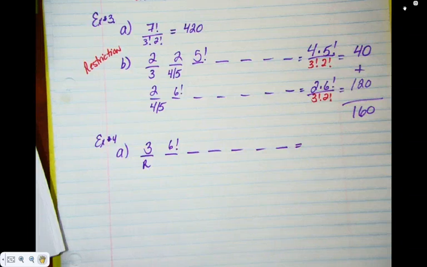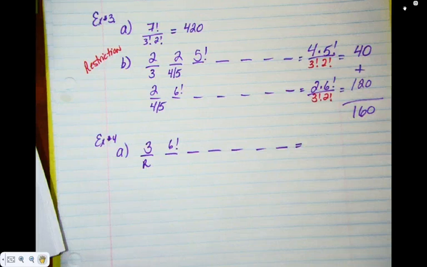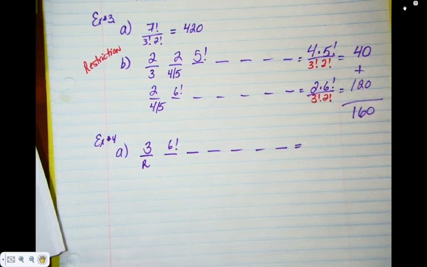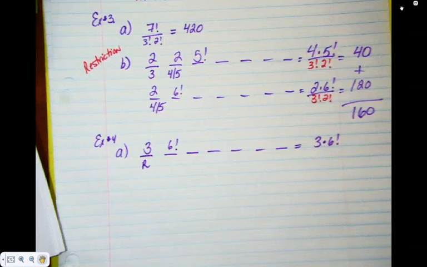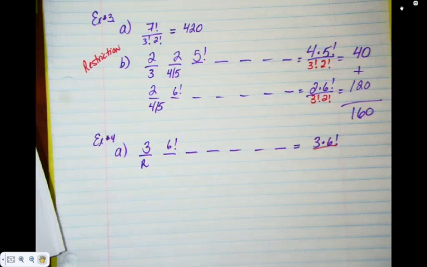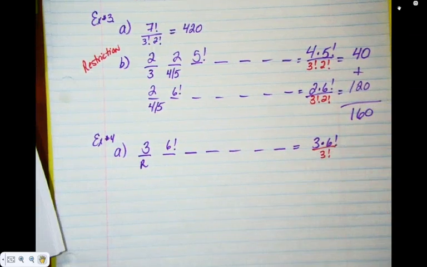Is that 18 factorial? Why not? Because you can't multiply a factorial by a whole number. I call it a non-factorial, but I'll take that mathematically, yes. So I'm just going to write that as 3 times 6 factorial. Now we stop and we get the repetition. I heard a 3 factorial.